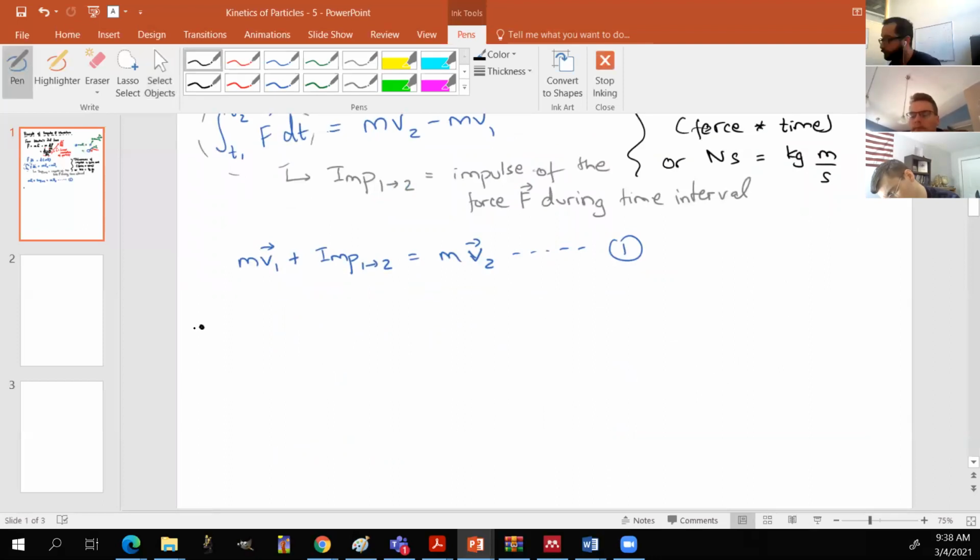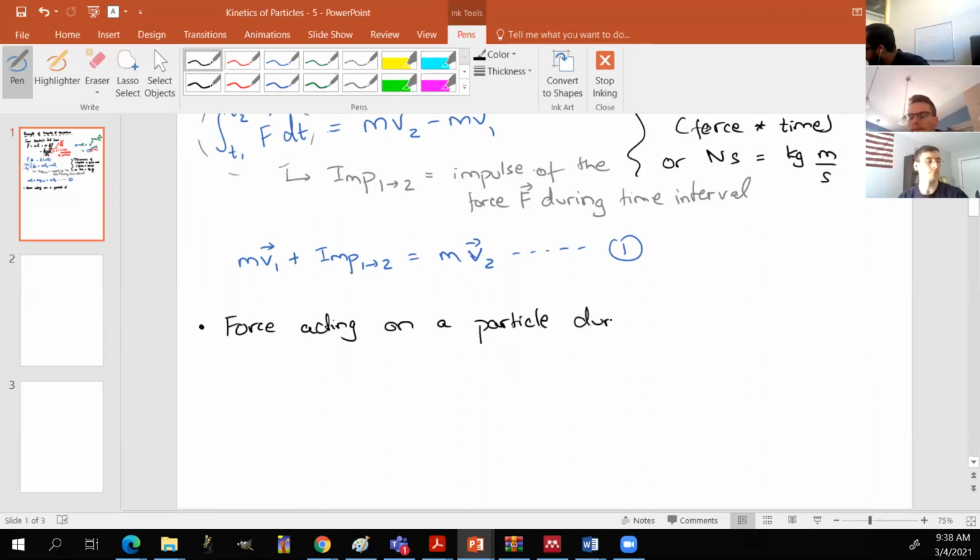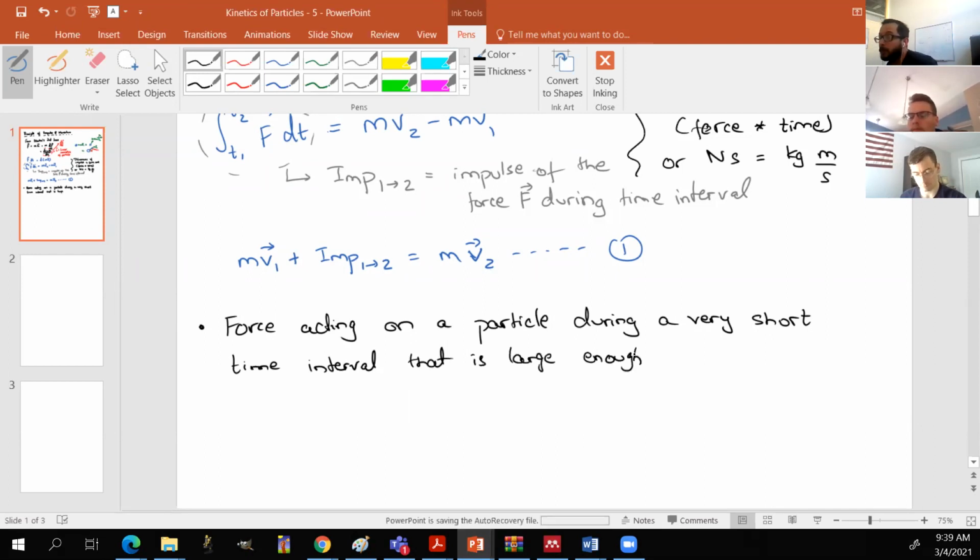Okay, so getting the definitions out of the way. When you have a force acting on a particle during a very short time interval, that is large enough to cause a significant change in momentum, and this is going to be up to you to decide if it's significant or not.